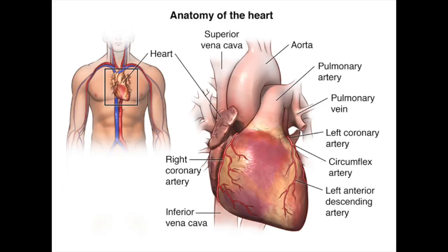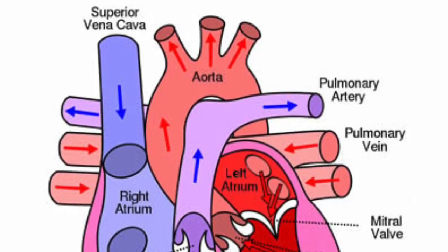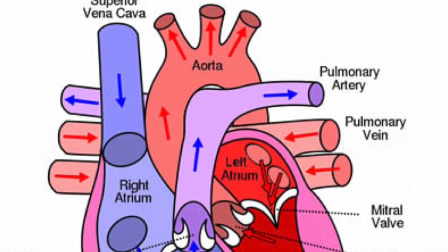Next, we're going to talk about the heart. The heart is a muscle about the size of your fist, and it's located behind and to the left of your breastbone. The purpose is to pump blood to the rest of the body through the arteries, veins, and vessels that we mentioned above. It's divided into 4 chambers, 2 of which collect blood and 2 of which pump the blood that is collected.